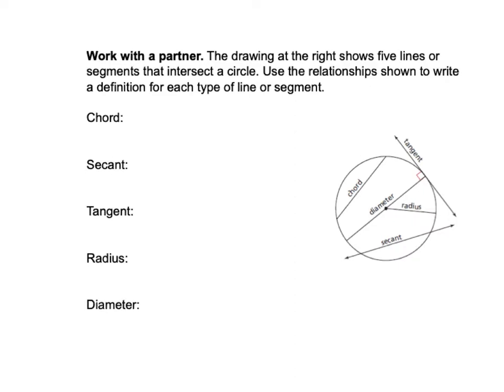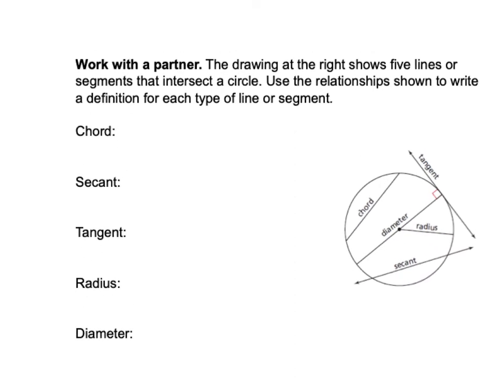If we look over here at our diagram, I'm looking first at the word chord. A chord is this right here. The first thing that I notice about a chord is that it is a segment. It has two endpoints.